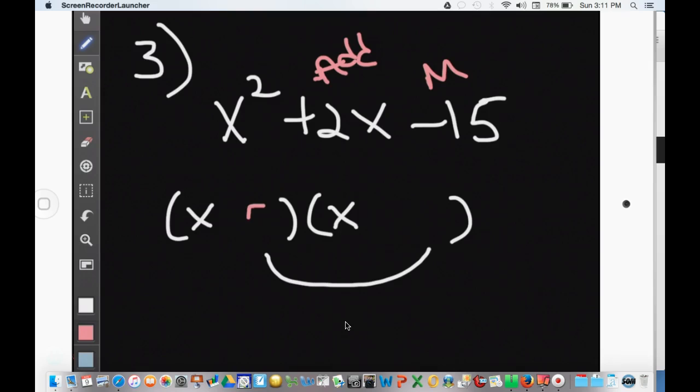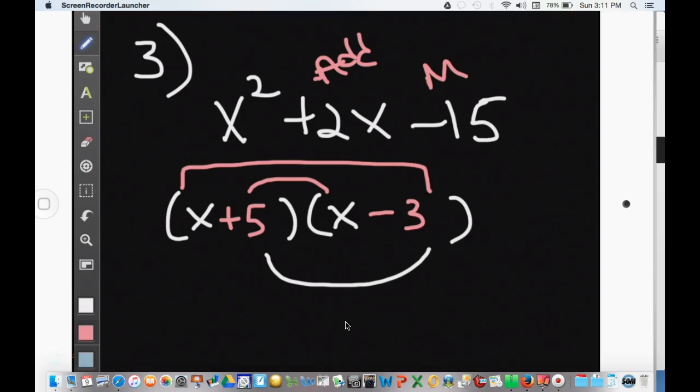Thinking about that, I know 5 times 3 will give us 15, and if I make the 5 positive and the 3 negative, I'll end up with the inners being positive 5x and the outers being negative 3x, which when I add them together will give me the 2x.